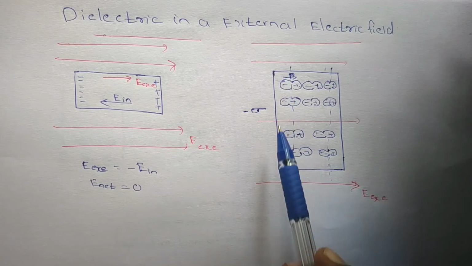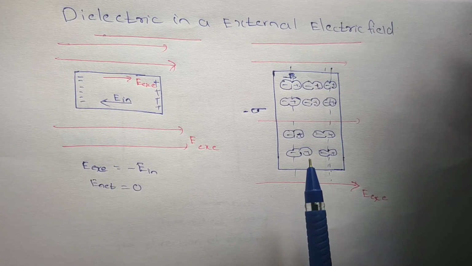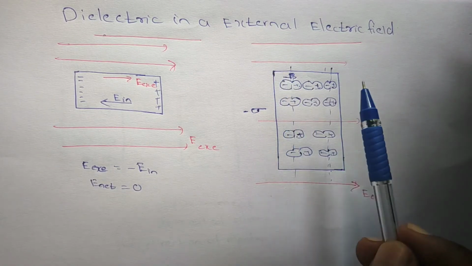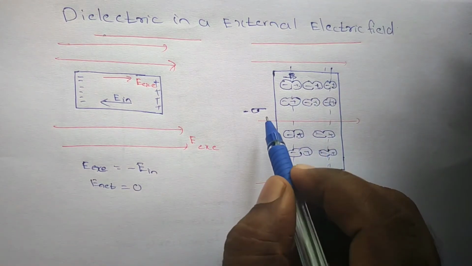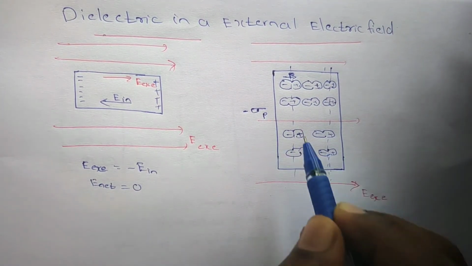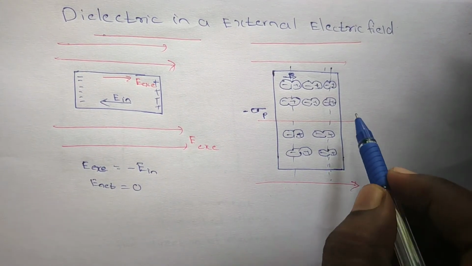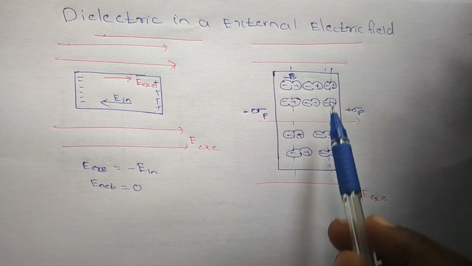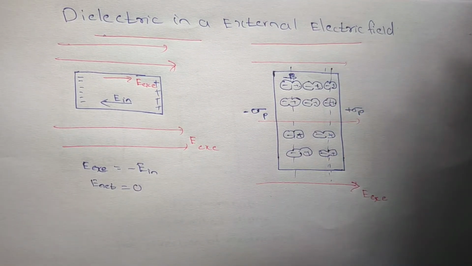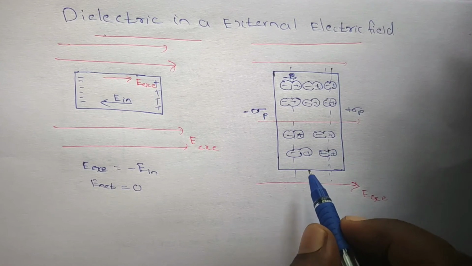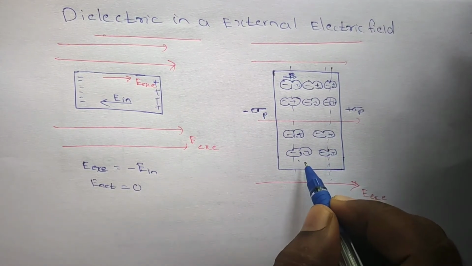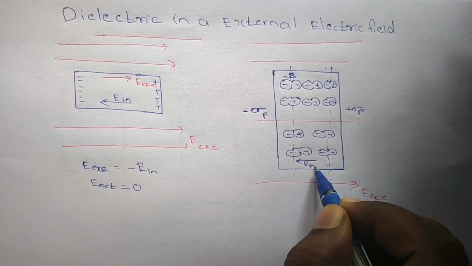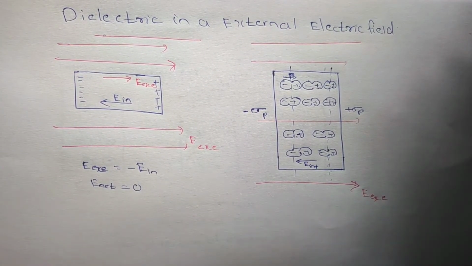You have to imagine the slab in three dimensions. Since this is generated due to polarization, we say minus sigma p here, and this side is plus sigma p, all positive. Due to this, an electric field is produced in this direction, the internal electric field.